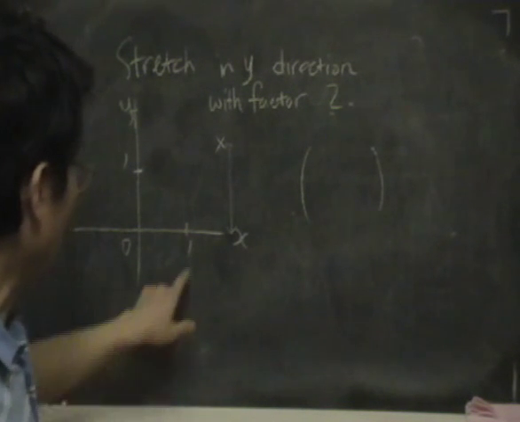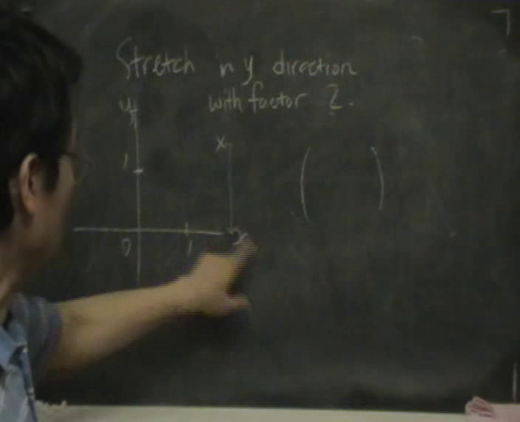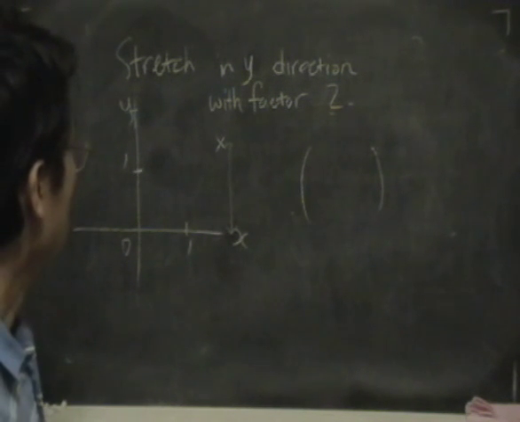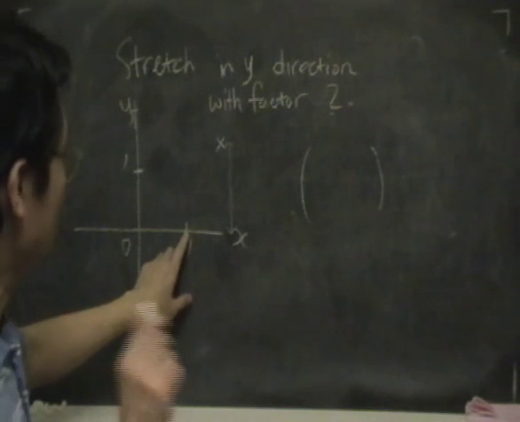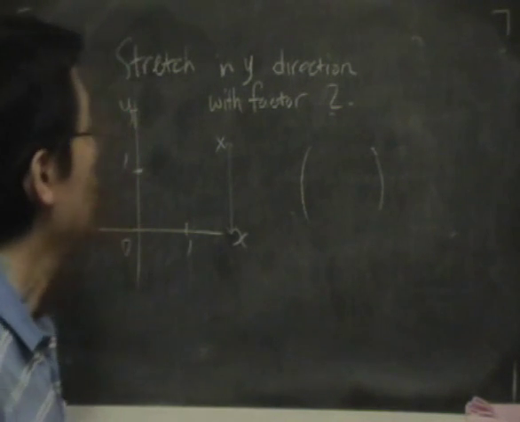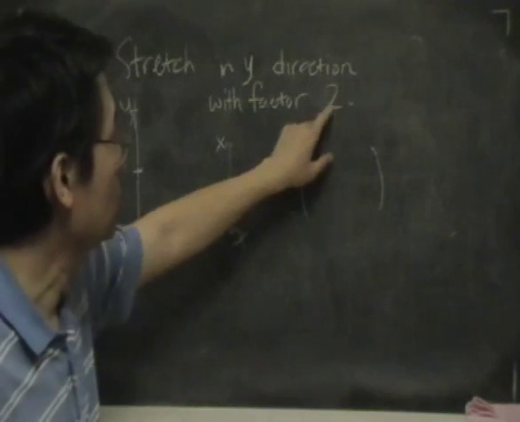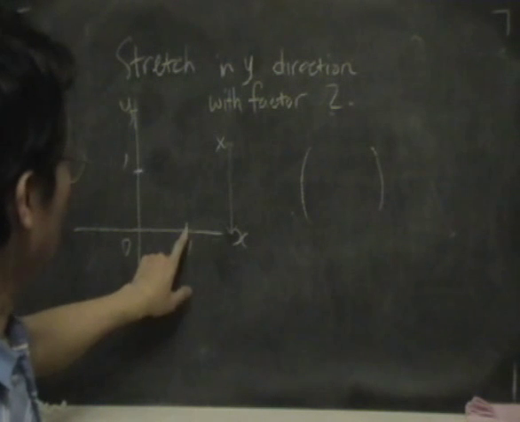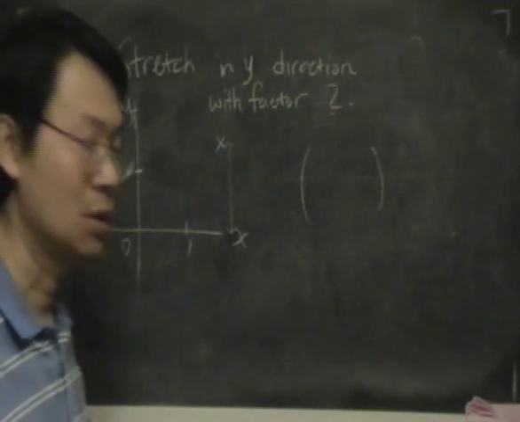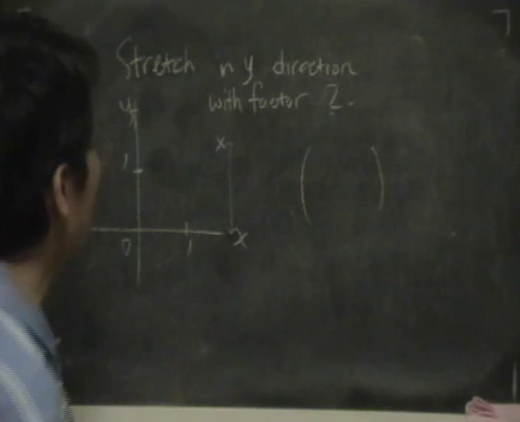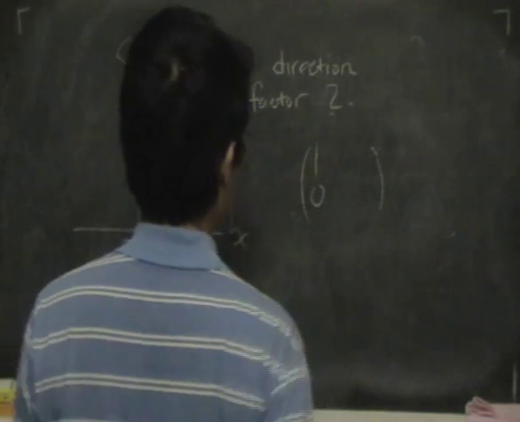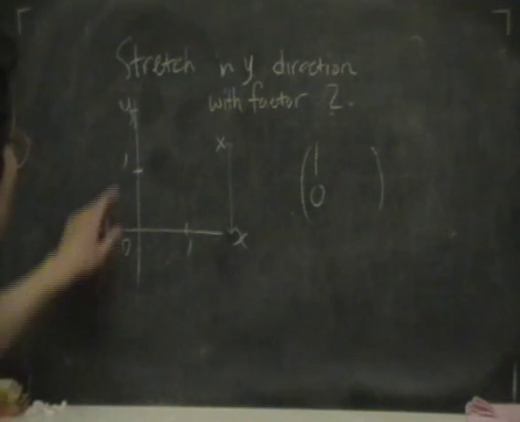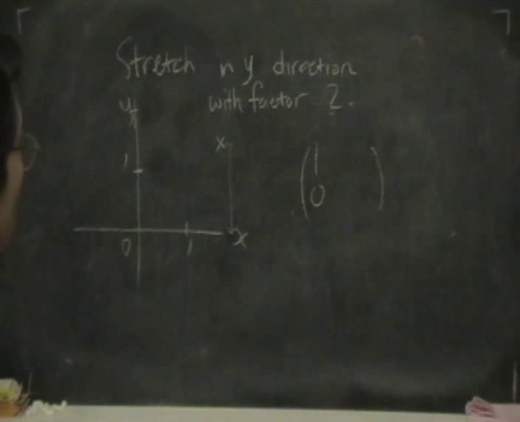That means that if I look at this 1 on the x-axis, this point has 0 distance from the x-axis. Since 0 times the factor 2 is still 0, this point doesn't move. So the image of this point is itself, (1, 0), and that gives me my first column. Next we look at the 1 on the y-axis.